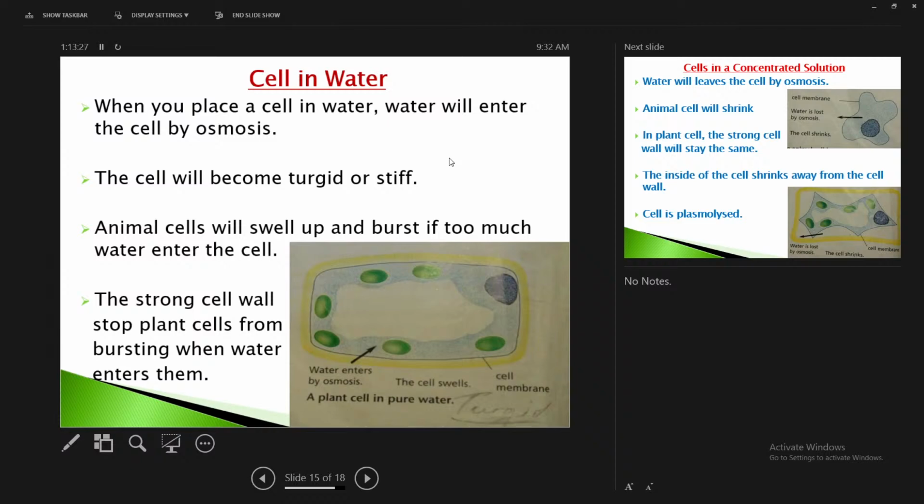But plant cells don't easily burst. And that is simply because plant cells are also surrounded by a cell wall, and not a cell membrane only.